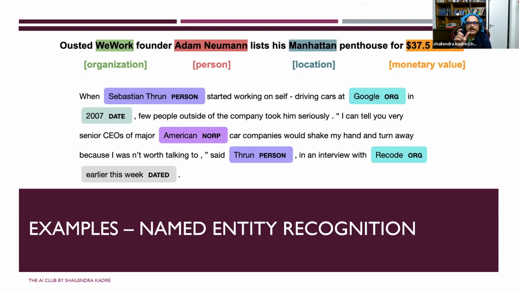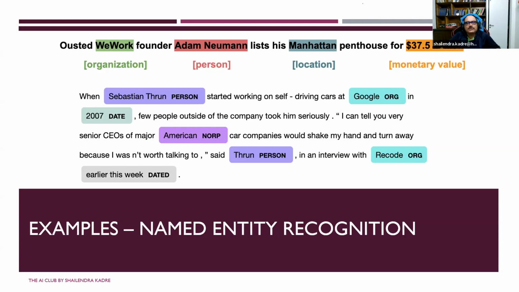Once we extract these key entities, we classify them into predetermined categories like person, organization, date, NORP. These are the very common entities; there are a few more.